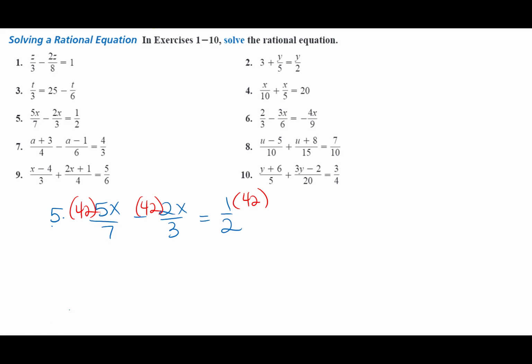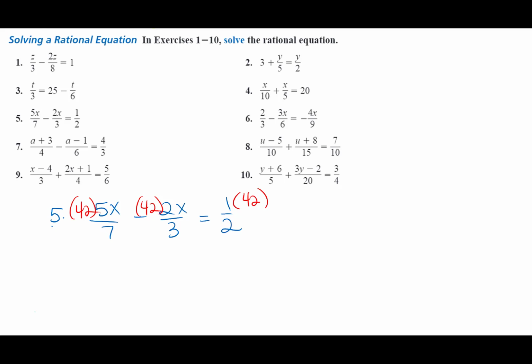So now let me show you a shortcut. In the previous two problems, we multiplied the common denominator to the numerator and then simplified. But now that the common denominator is getting bigger, look at that first fraction. 42 times 5x, and then we'd have to go back and simplify by 7.